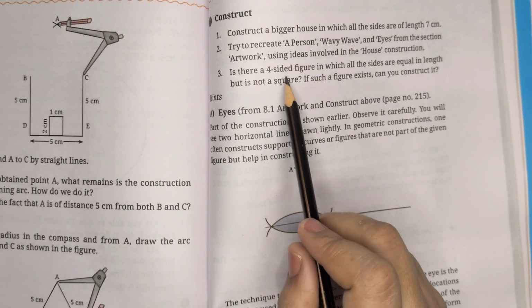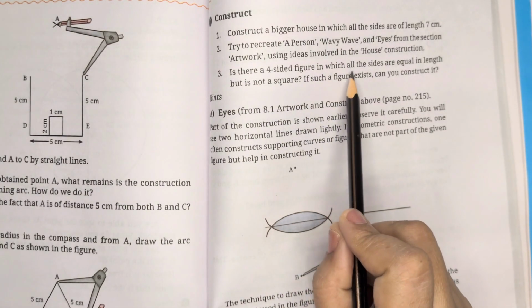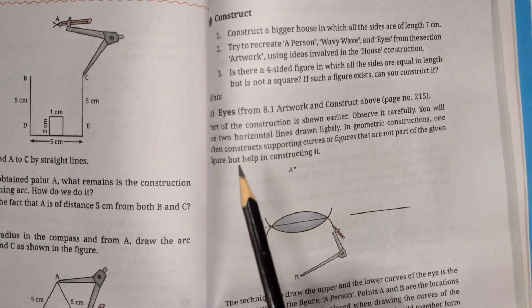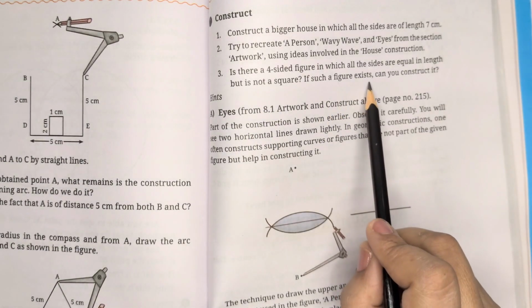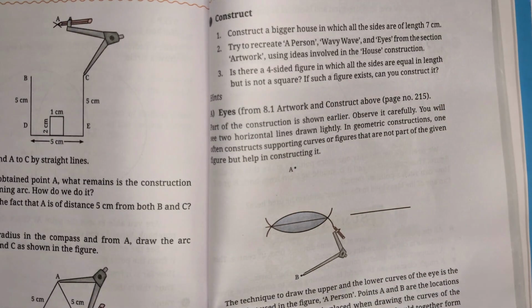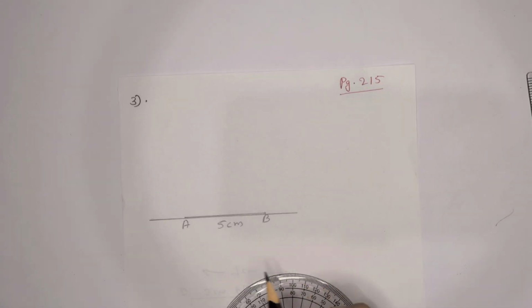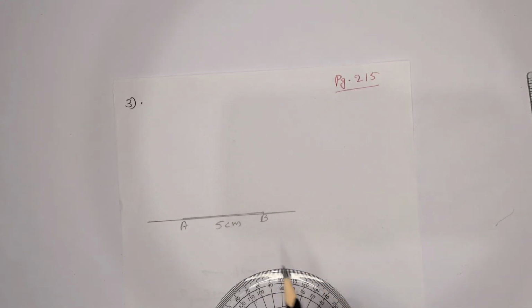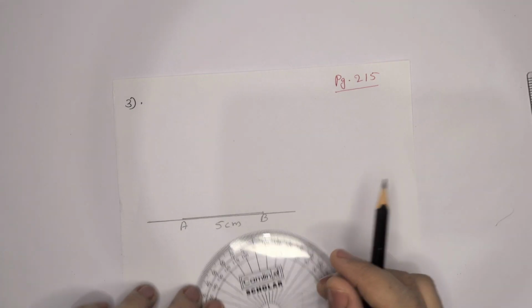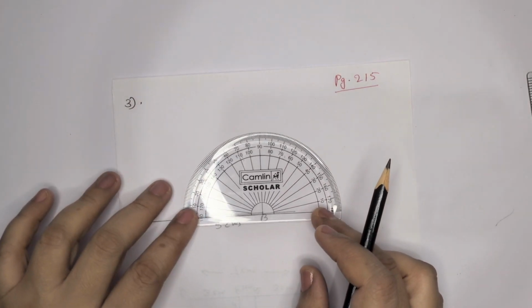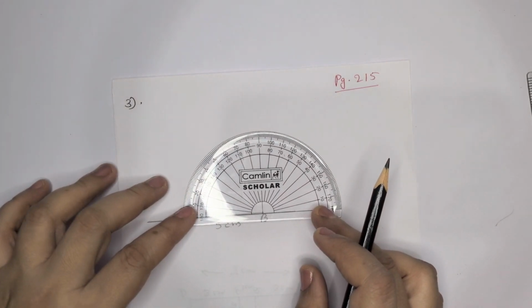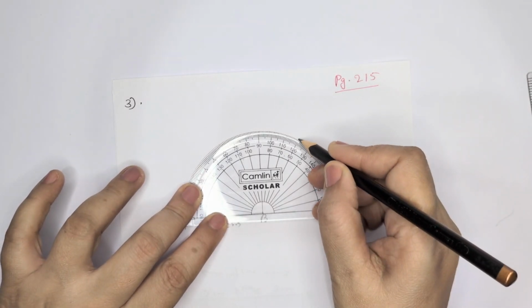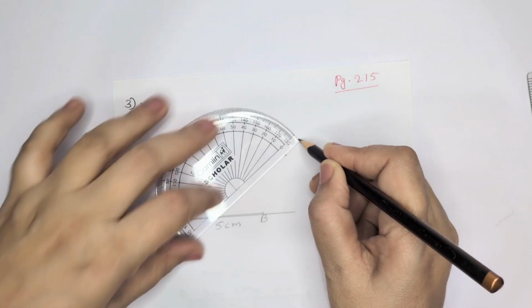Third question: is there a four-sided figure in which all the sides are equal in length but not a square? If such a figure exists, can you construct it? For that, first we have to draw a line and mark AB as 5 centimeter on that line. Now 60 degree from both the points, 60 degree we can mark it here. This is 60 degree.